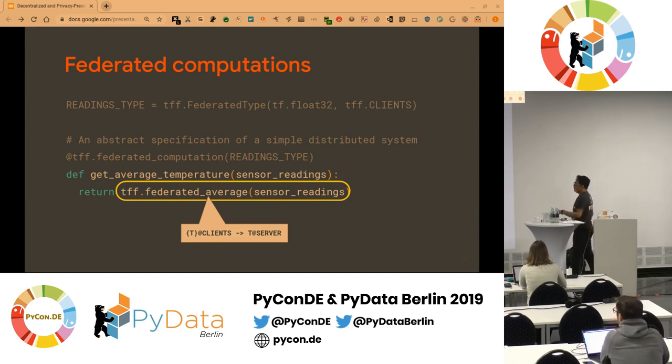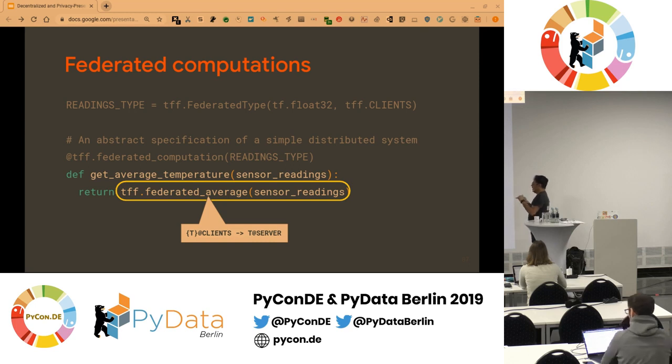Sorry, yeah. So you take a multi-set of that value, the float32, that is distributed across clients, and that TFF average would then take all those values from those clients and compute a federated average, which is a standard federated computation method, and generate one value on the server, right?